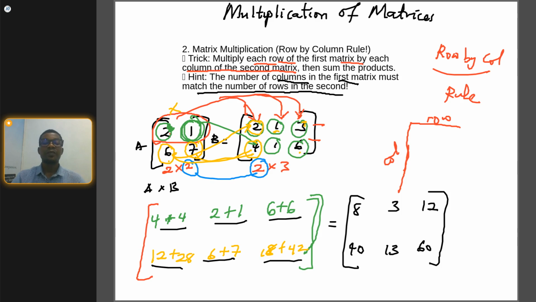We have the matrix after multiplication as 8, 3, 12, 40, 13, and 60. So that will be the matrix after multiplication.